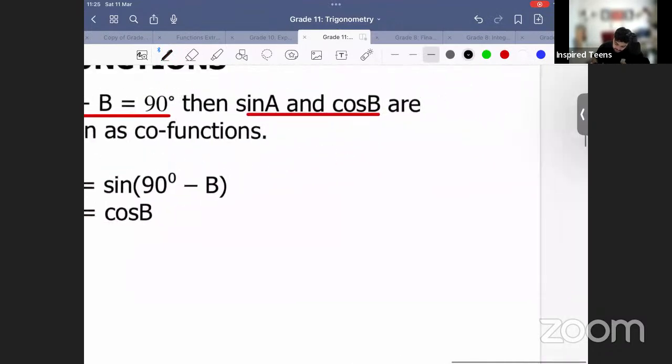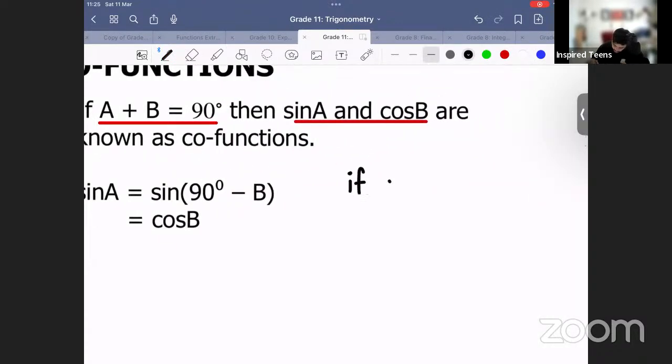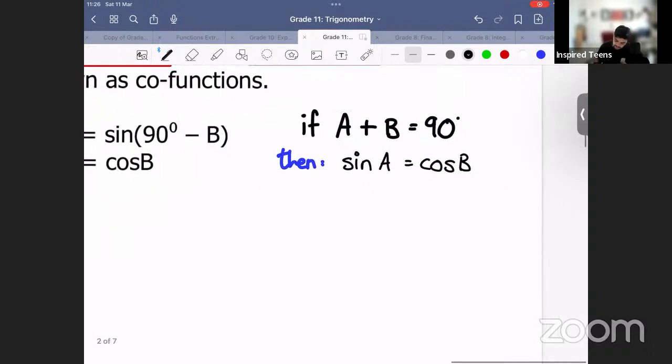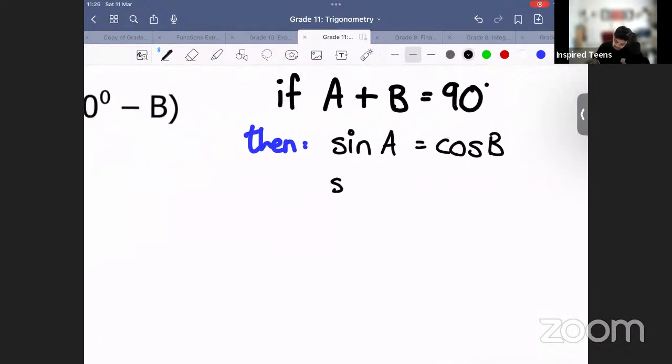But basically, you need to know that if a plus b is equal to 90, then sine a is equal to cos b. Is that right? I think that's right. And then sine b is of course equal to cos a, sorry.